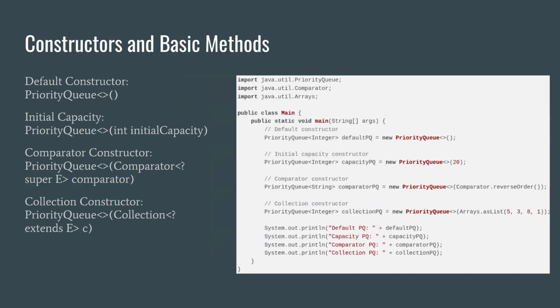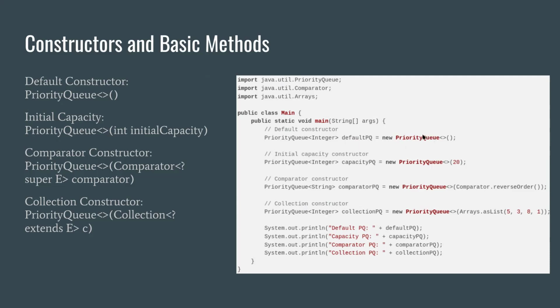Constructors and basic methods. So the priority queue class provides several constructors to initialize the queue in different ways. We have the default constructor, priority queue, as you can see in this example. It creates an empty priority queue with an initial capacity and natural ordering of elements.